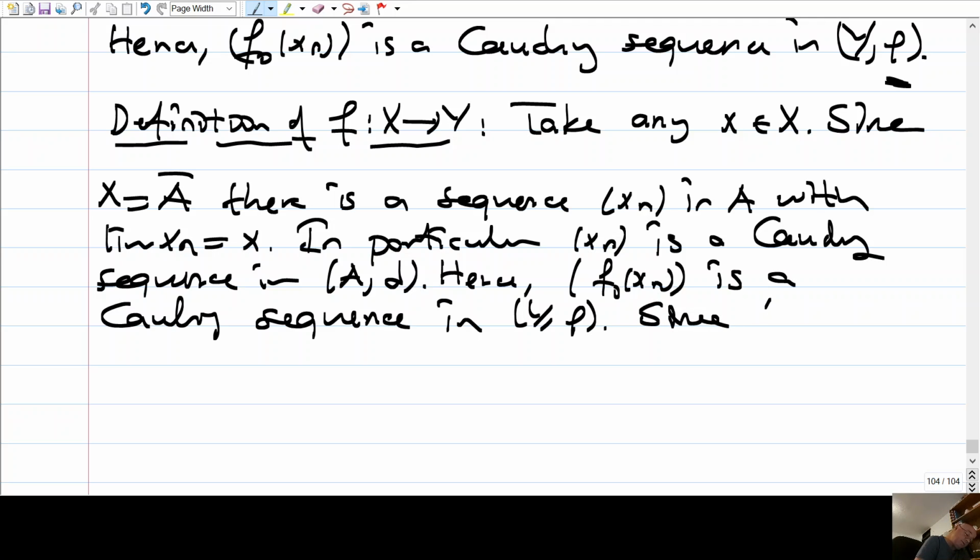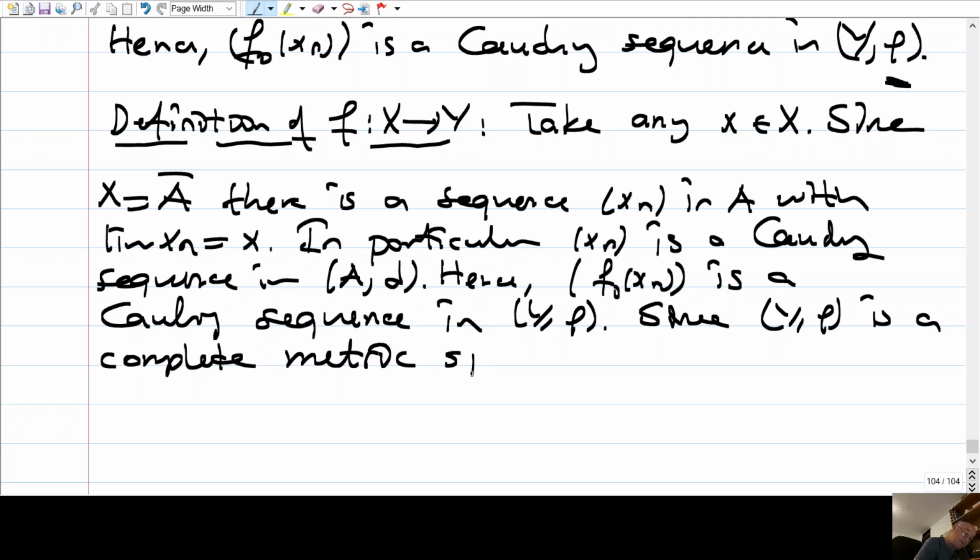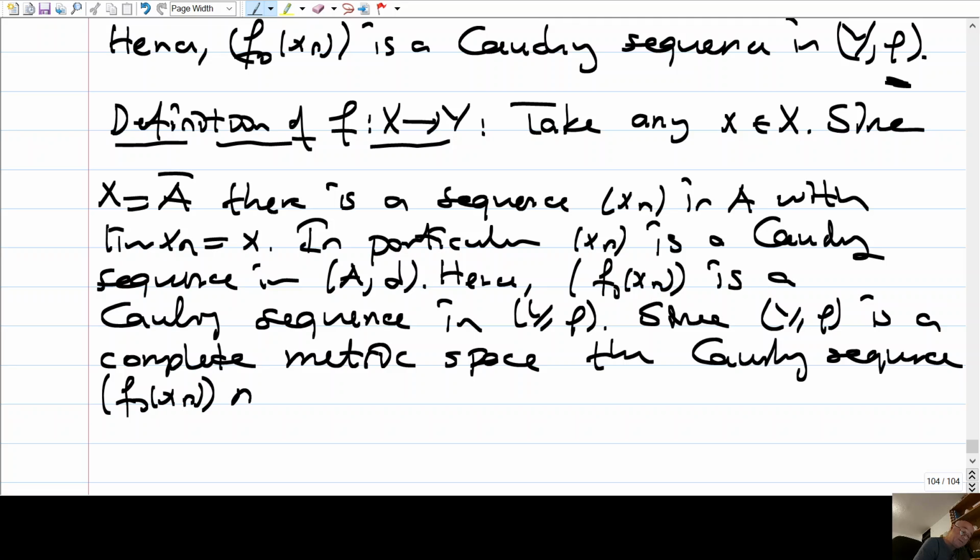Since Y rho is a complete metric space, the Cauchy sequence f0 of xn must be convergent.